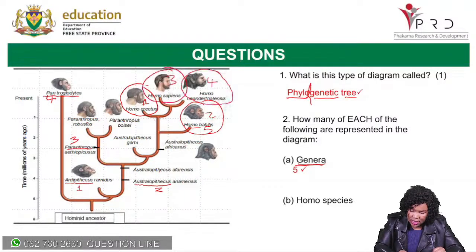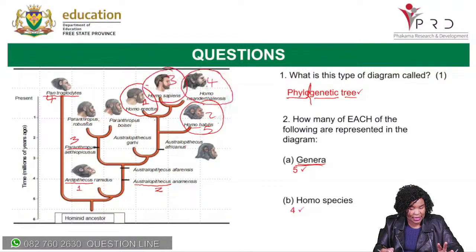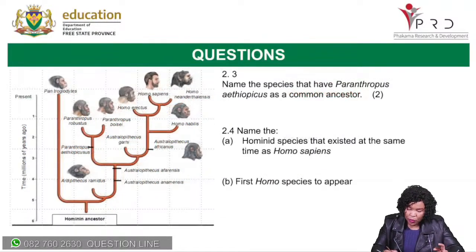So I have counted 4 Homo species. I hope you have counted those with me. So now you are able to understand what a genus is and what a specific species name is. Now, name the species that have Paranthropus aethiopicus as a common ancestor. Now you're going to look for Paranthropus aethiopicus.